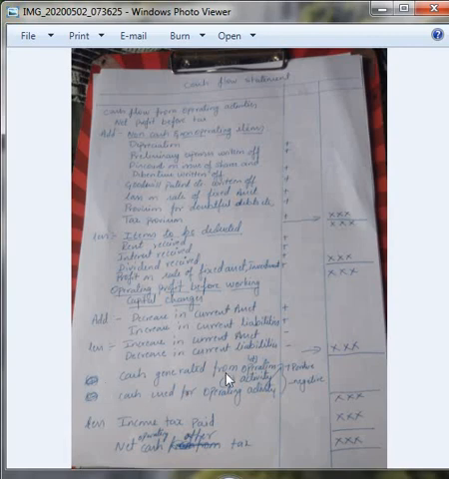Next, cash generated from operating activities. If it is positive, it is cash from operating activity. If it is negative, it is cash used in operating activity. You have to put it down. Then less income tax paid. If you minus, you will get net operating profit after tax.